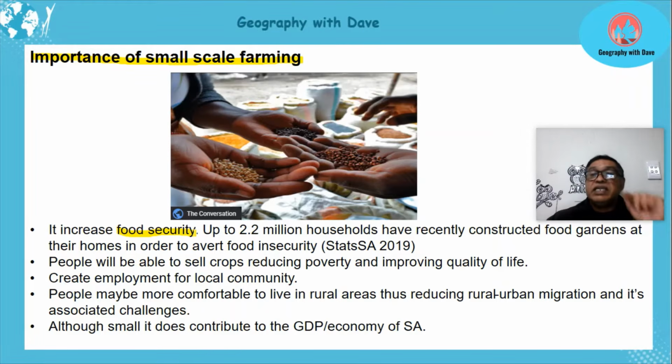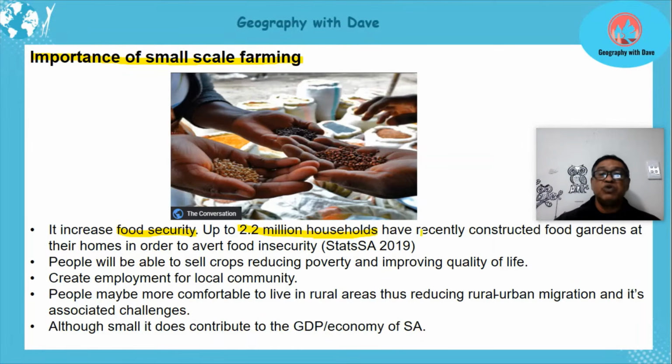And this increases food security. Because by having small scale farming, more people are planting, they're having food for themselves, and they're also supplying to their communities. Look at this stat from Stats South Africa.